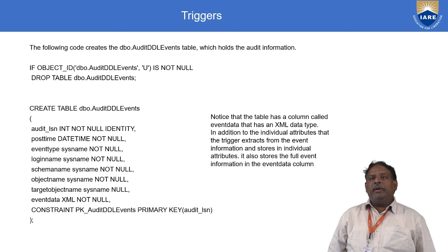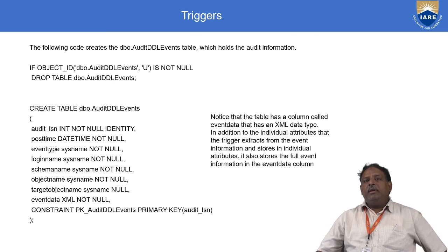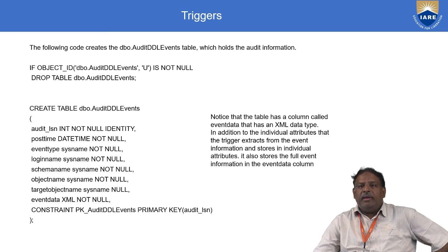The following code creates the audit DDL events table, which holds the audit information. Now here I am creating a table called audit DDL events, having the following columns. See, the audit LSN is an identity column. Post time is the date when it happened, then the event type, login name, and schema name.